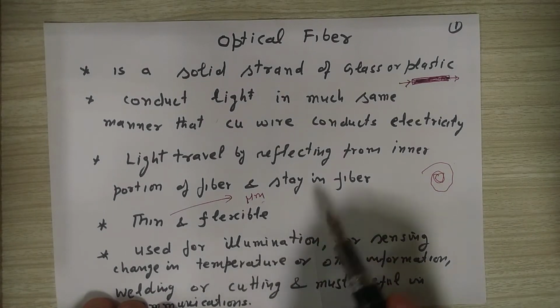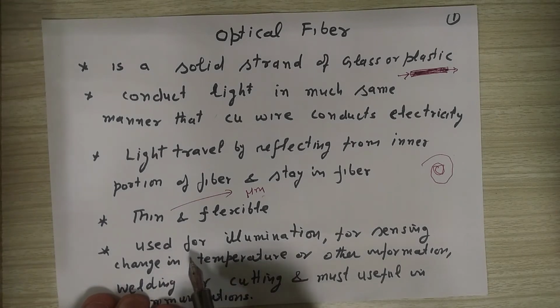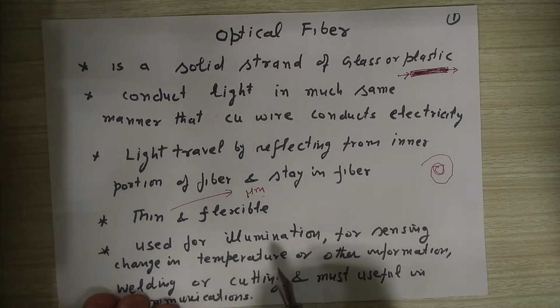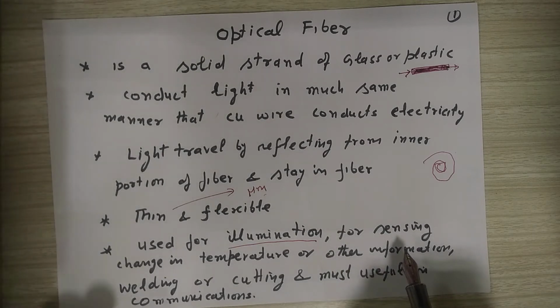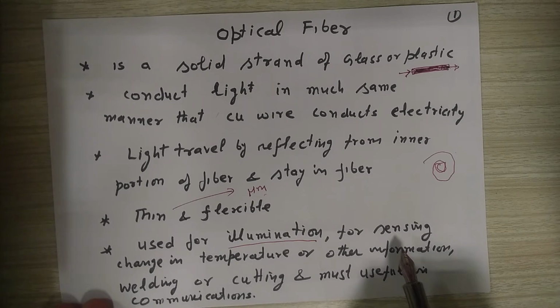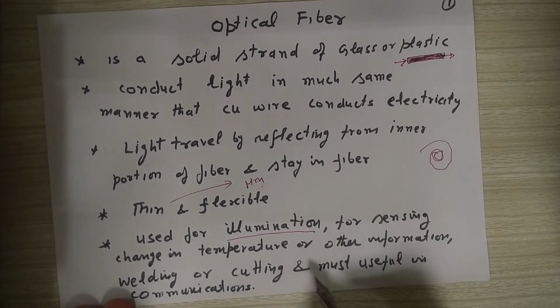And another is what are the applications of this fiber. This type of fiber is used for illumination, or you can say for decoration purposes in the household. It is also used as a sensor for sensing the change in temperature or change in pressure and other information.